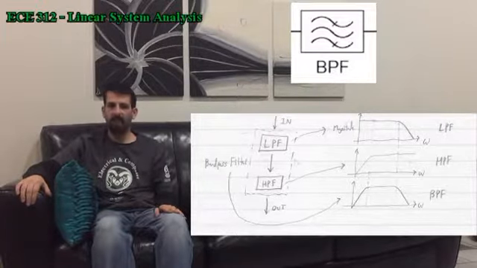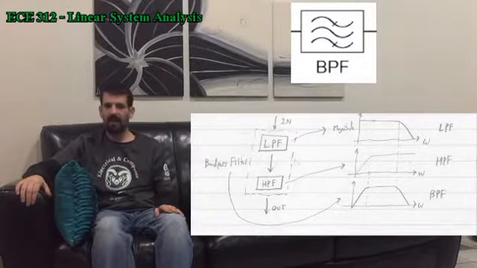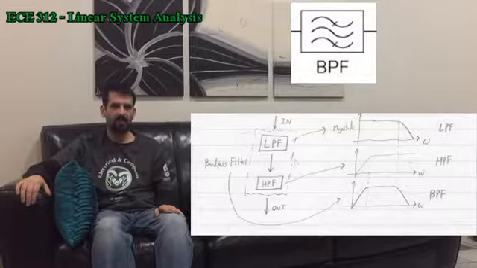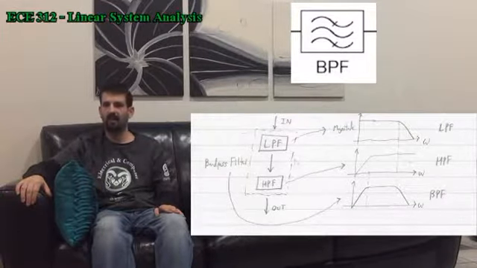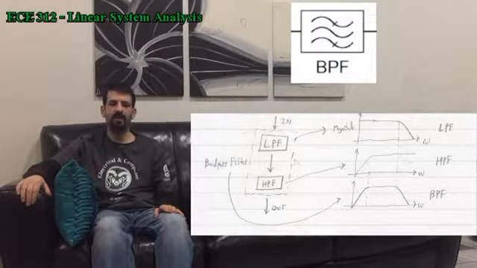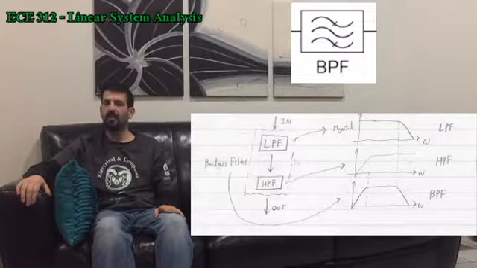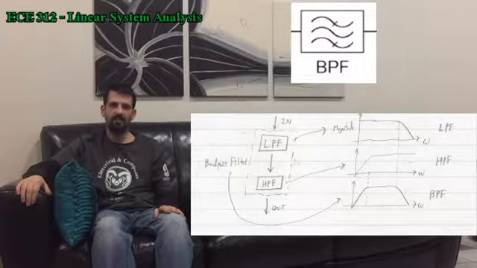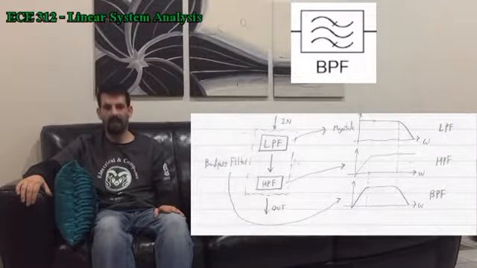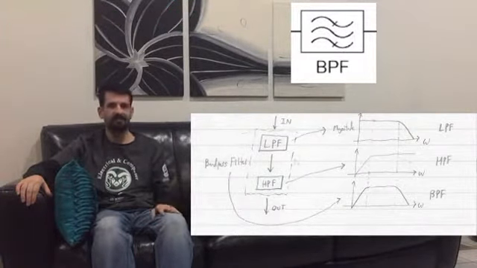To design a bandpass filter, a low-pass filter and a high-pass filter can be connected in series or cascade. The transfer functions of the low-pass and high-pass filters are about the same, except for different cutoff frequencies, and if the low-pass filter is a function of S, then the high-pass filter is a function of 1 over S, as seen here.